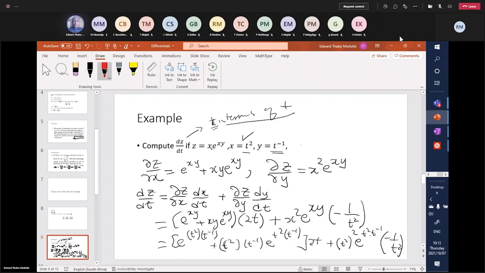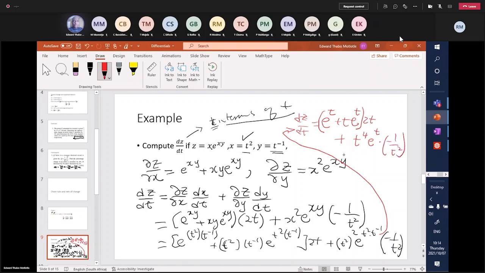Now let's see what you are going to get here. I just write it somewhere there. So we have dz/dt equals to, so if you multiply these two, we can see the base is the same at the index. You have t, so we have e to the power t plus t e to the power t, so that's what we have there inside the bracket, multiplied by 2t plus t to the power 4 e to the power t multiplied by minus 1 over t squared.